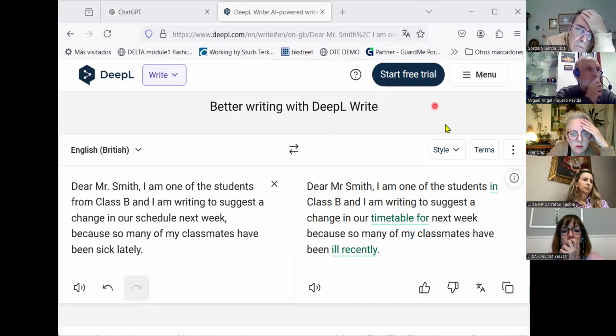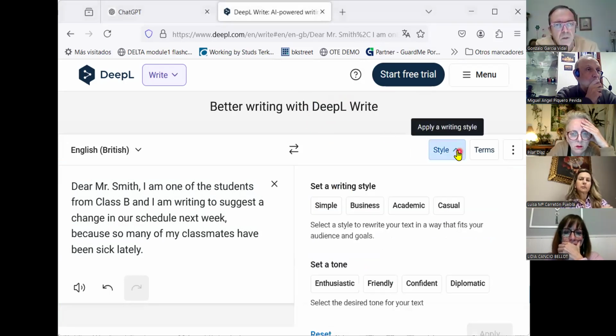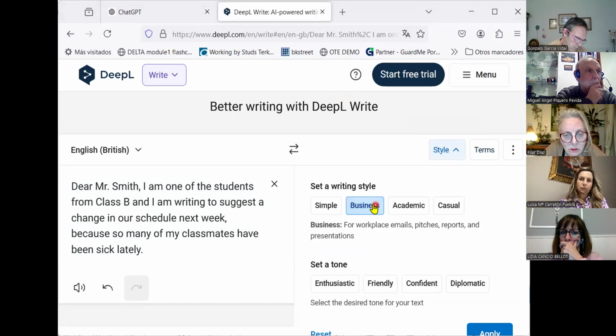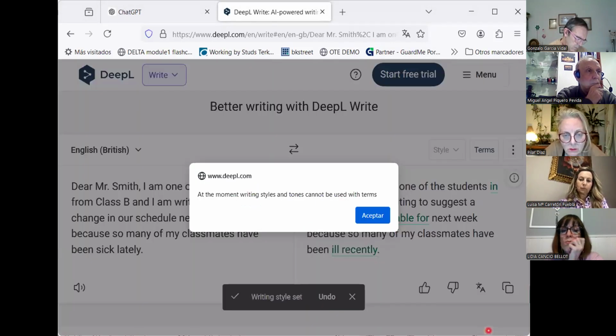However, one of the features of DeepL Write is that we can change the style. So if we want the style to be business-like, we press business, and we're going to have a different version of the same text. We apply down here.